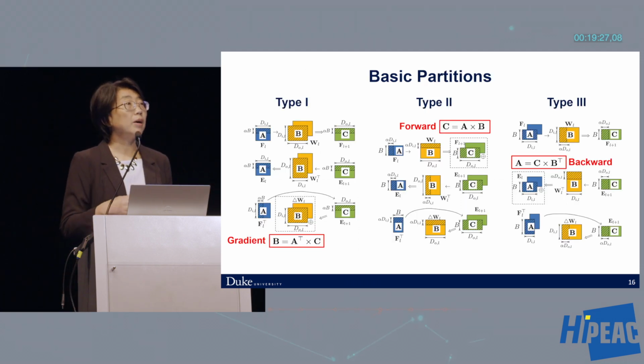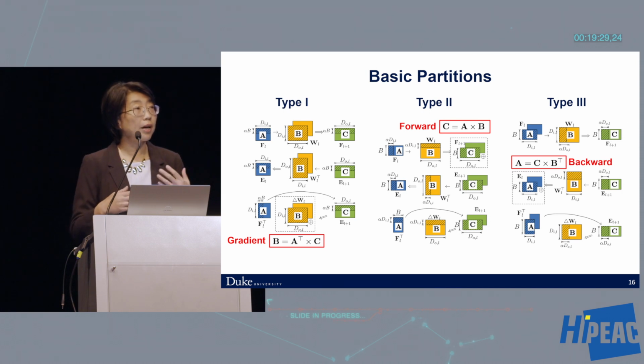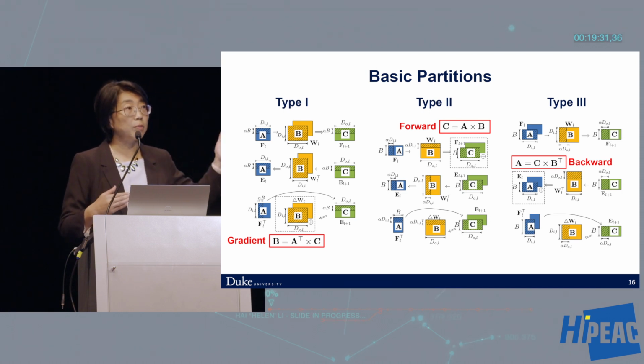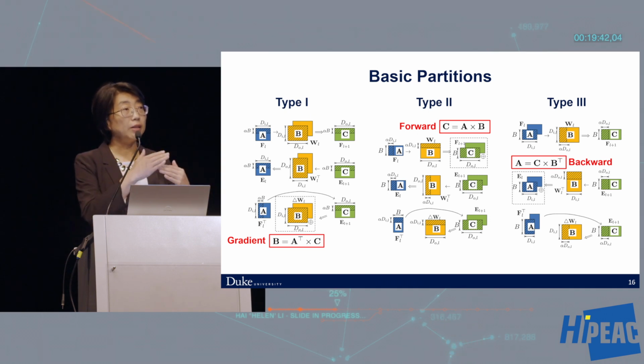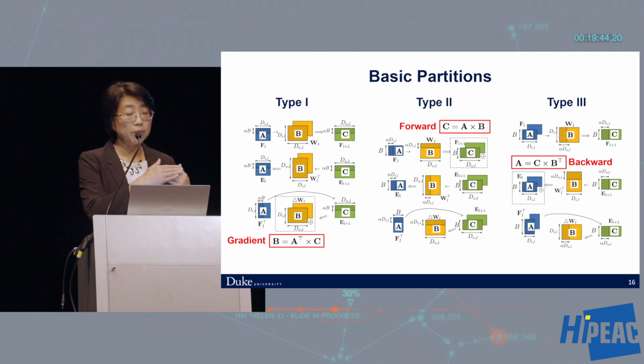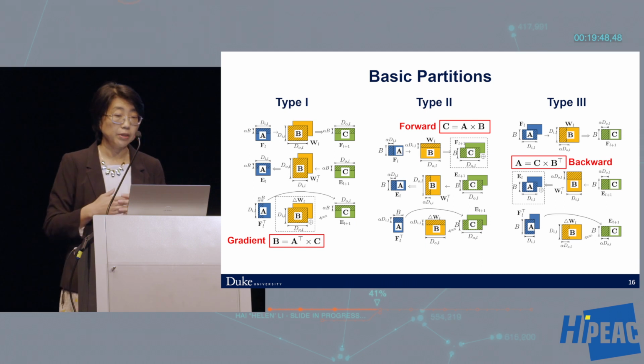What I introduced corresponds to type 2 here. It is rooted in the forward path, and we naturally separate A and B according to the number of accelerators.